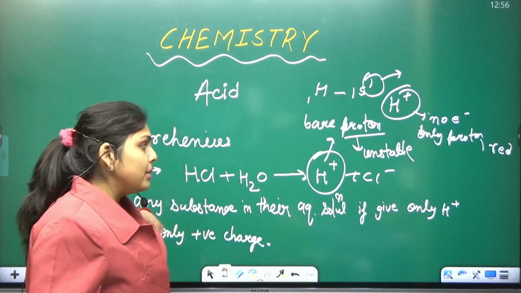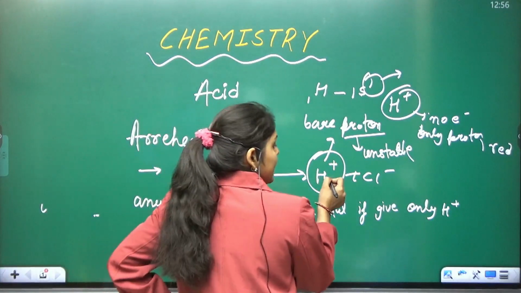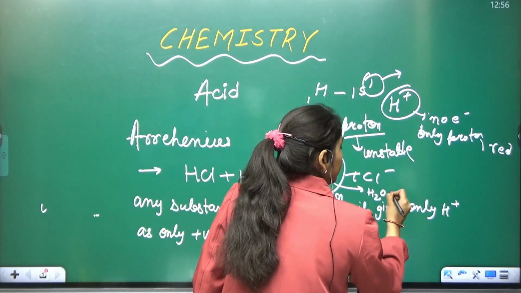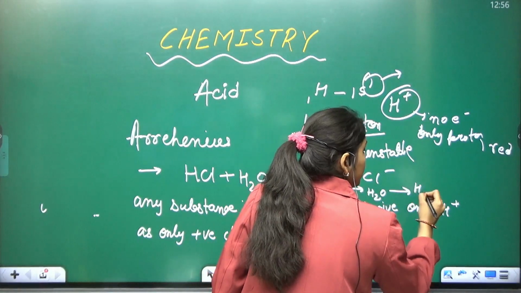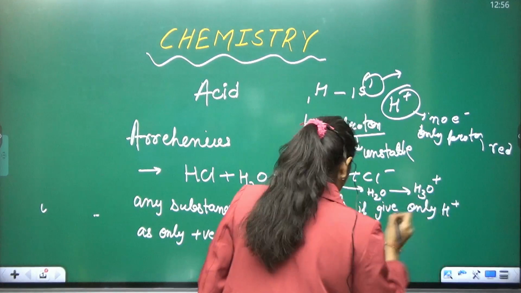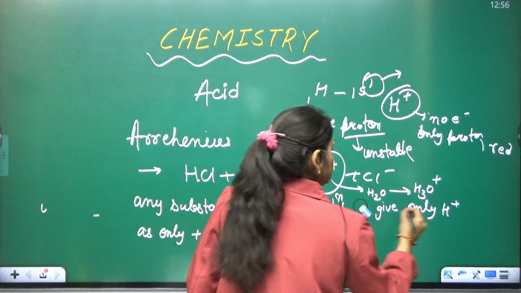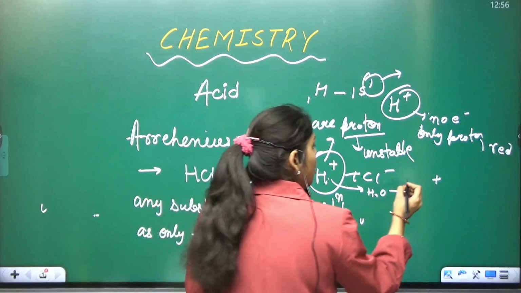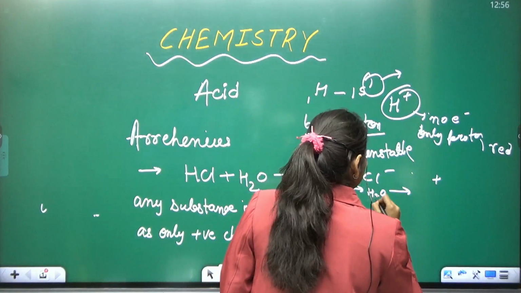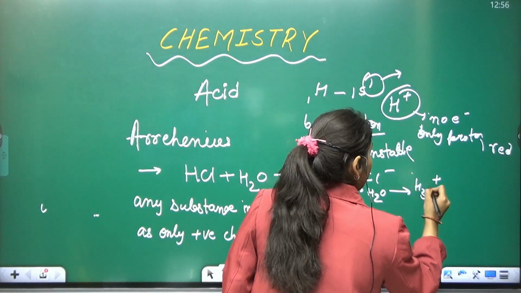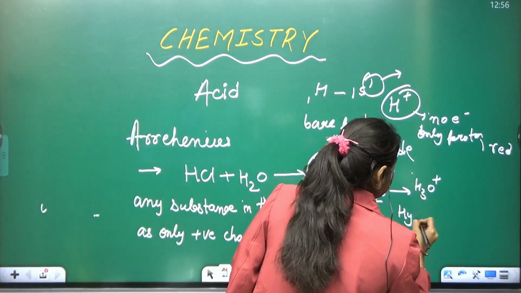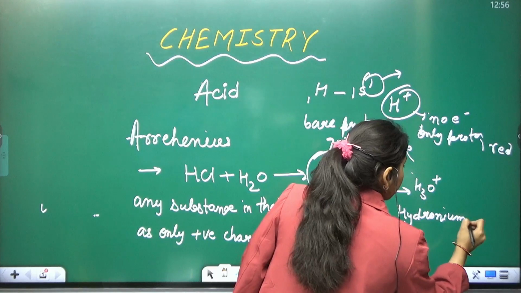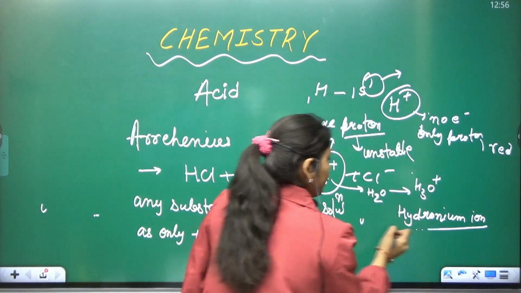And to get stability, this H plus reacts with H2O and converts into H3O plus, which is also called hydronium ion. Okay.